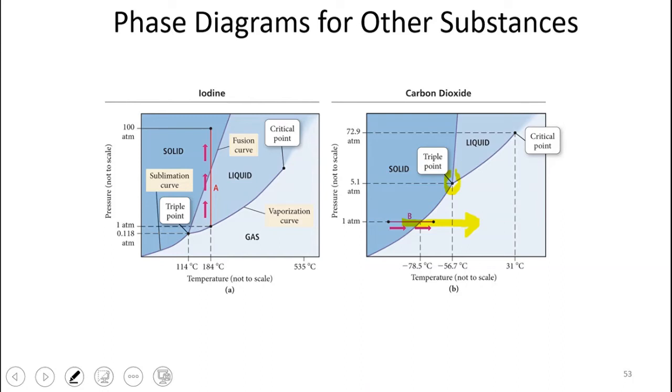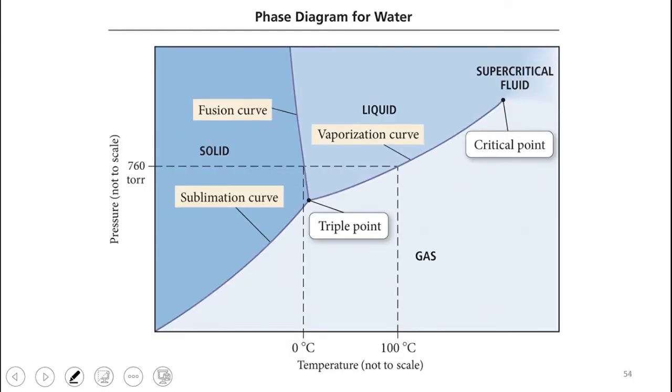Speaking of water, let's look at the next diagram here, and this is the phase diagram for water. Notice that unlike other ones that we've seen, the fusion curve, in other words, the line between the liquid and the solid, is actually slanted in a different way.